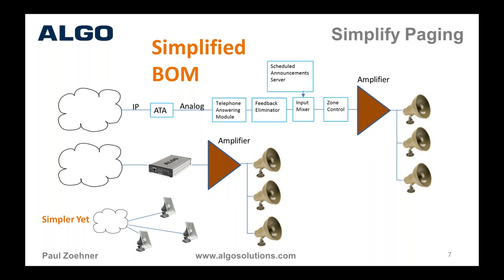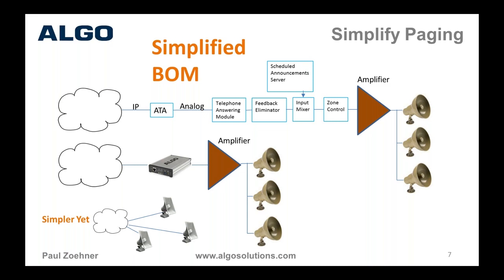And what this customer decided to do in this case was replace all of those things that you see on that top line with the Algo 8301. All of those features that you see there in those boxes are included in the 8301. So a very powerful interface, much simpler for this customer, and they actually had 9 or 10 amplifiers, so we put one of these units in front of each one to tie them together.